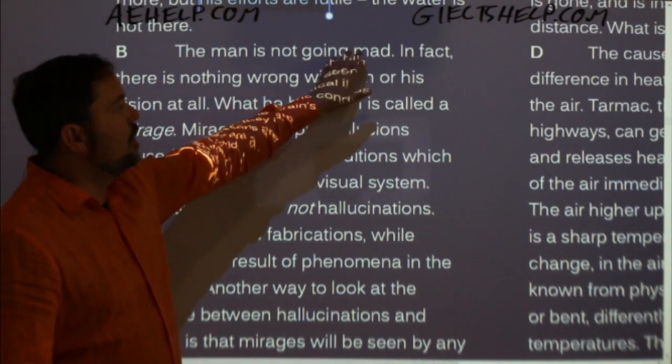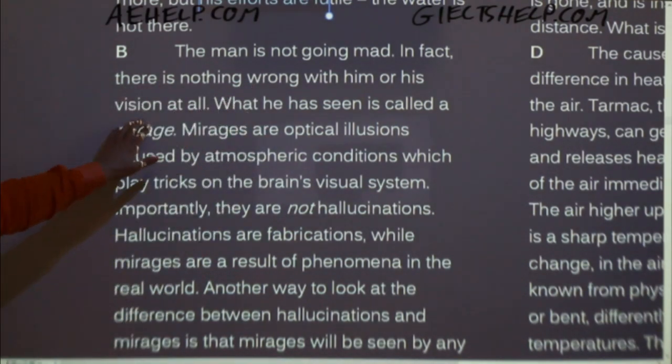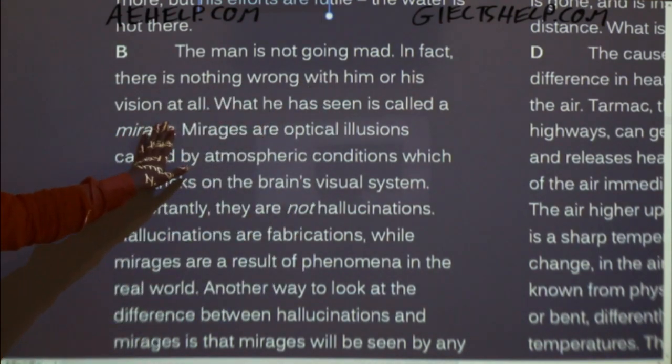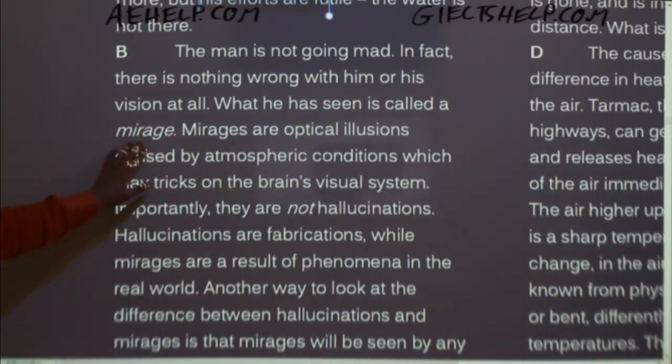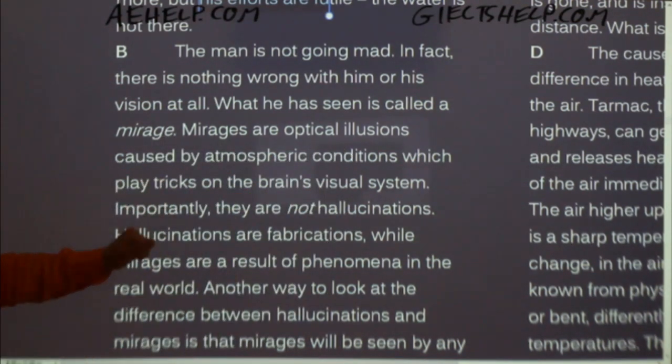The man is not going mad. In fact, there is nothing wrong with him or his vision at all. What he has seen is called a mirage. Mirages are optical illusions caused by atmospheric conditions which play tricks on the brain's visual system.